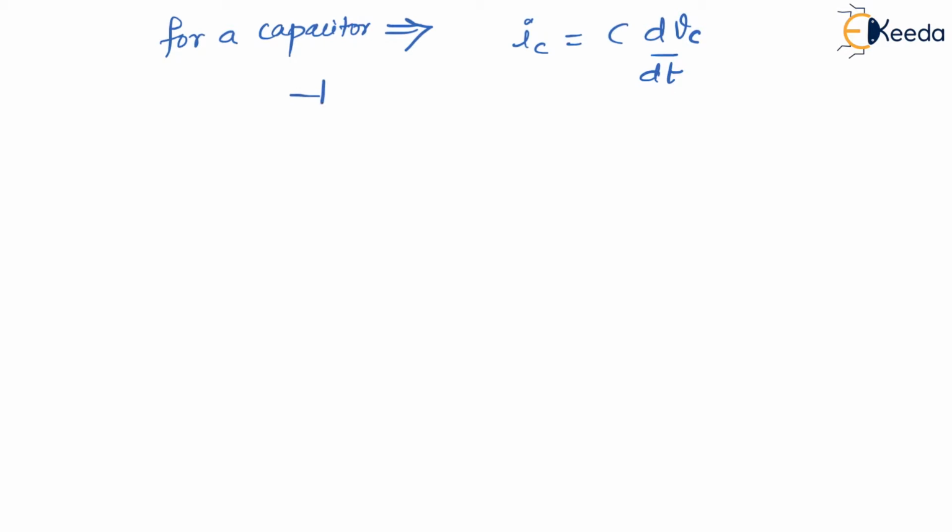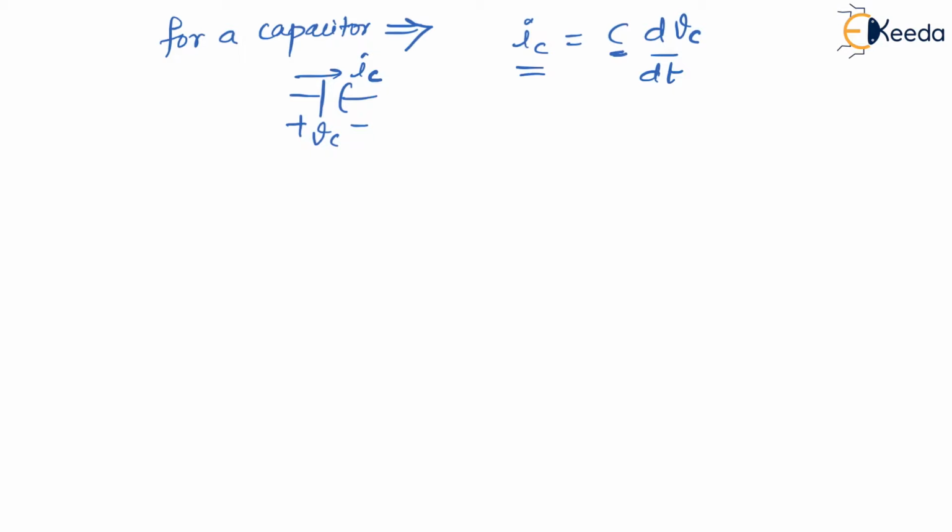We know that for a capacitor, the current IC is equal to C dVc by dt. If this is a capacitor, then the voltage across the capacitor is Vc, and the current flowing through the capacitor is IC. So the relationship between Vc and IC is IC equals C dVc by dt.